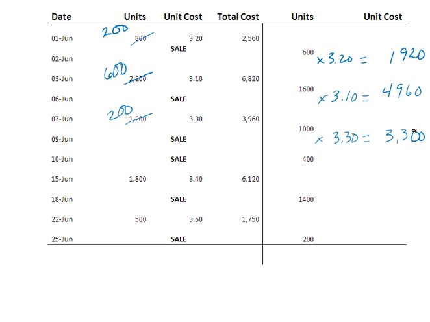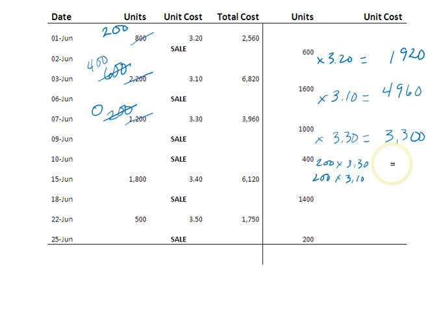Okay. June 10th, we had another sale. We sold 400. We have to decide which 400 did we sell. Well, we must have sold all 200 of those, leaving 0. So let me write that down. 200 times 330, and we sold 200 of those, leaving 400. So 200 times 310.